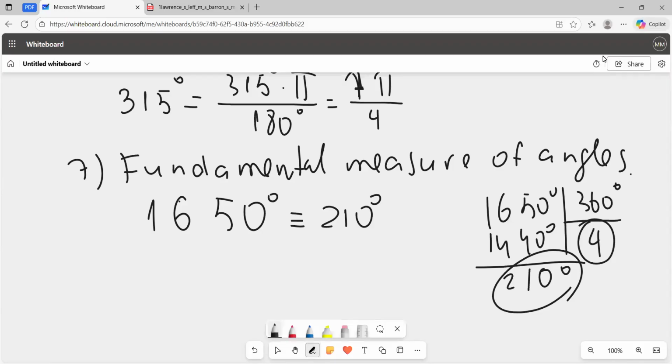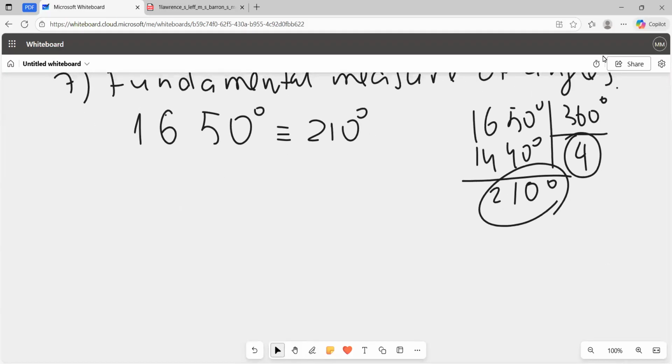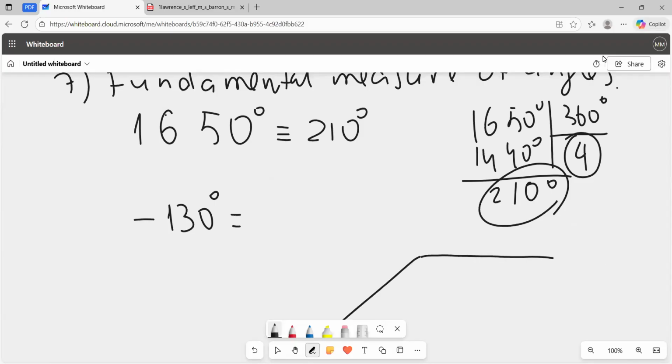For example, this is important. Consider that we have negative, for example, negative 130 degrees. It means that this is negative 130 degrees. This is the clockwise direction.